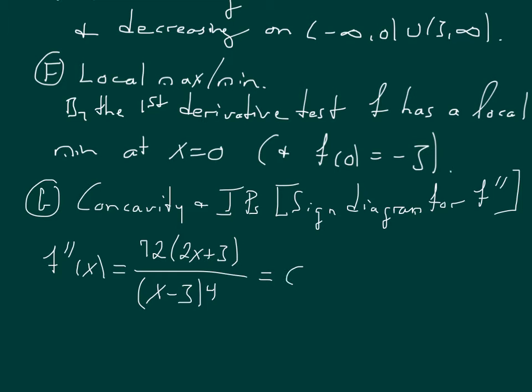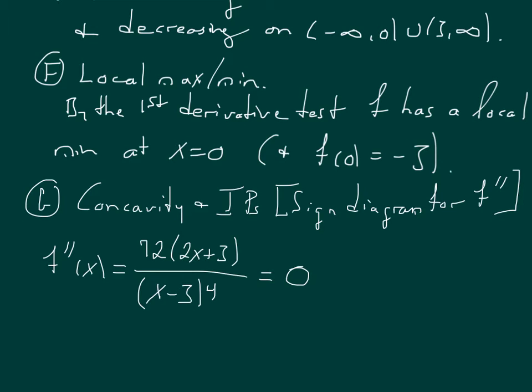And we're looking for where this is 0 and where it doesn't exist. It's 0 exactly when the numerator is 0, which is going to happen when 2x plus 3 is 0, which is to say when x is equal to minus 3 halves.